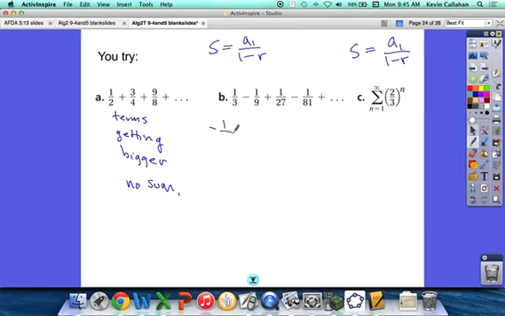What is negative 1/9 divided by positive 1/3? How is it that you divide by a fraction? You multiply by the reciprocal, right? So that's negative 3/9, which is negative 1/3. So the R is negative 1/3. That's what goes here.